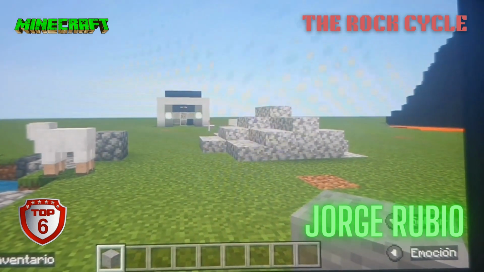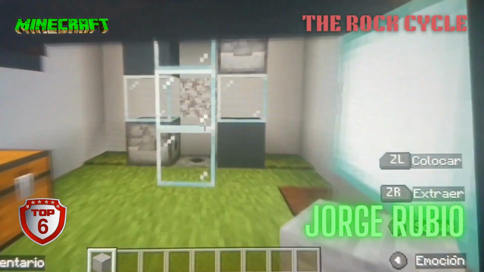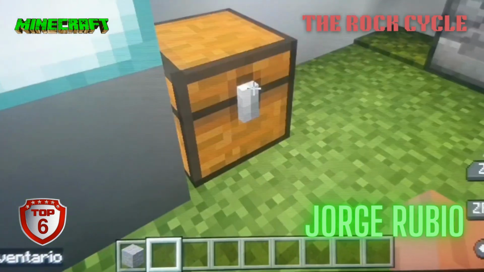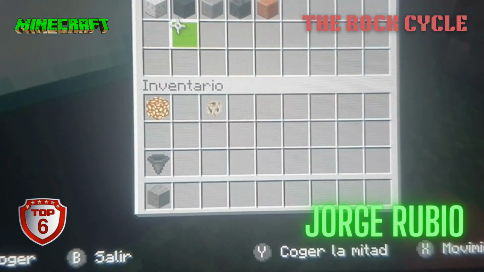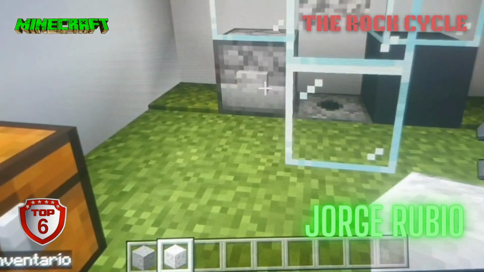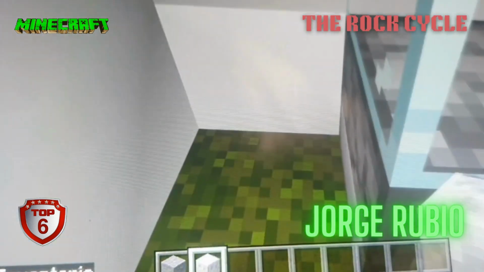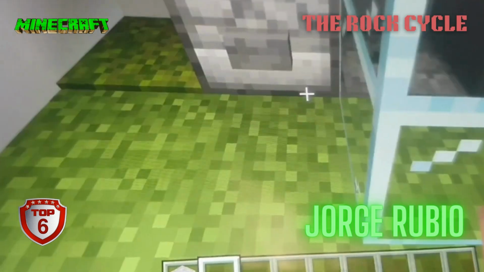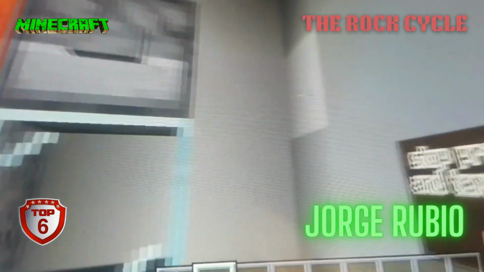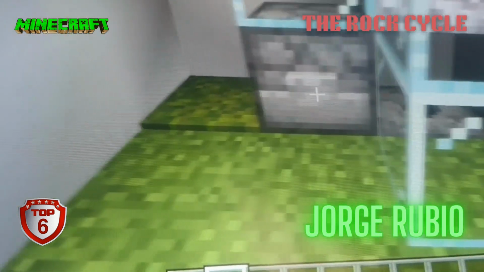Now we go to metamorphic rocks. Metamorphic rocks are formed with extreme heat and pressure. We can make them with this metamorphic rocks machine. We're going to take diorite and put it here, and we're going to apply the pressure.